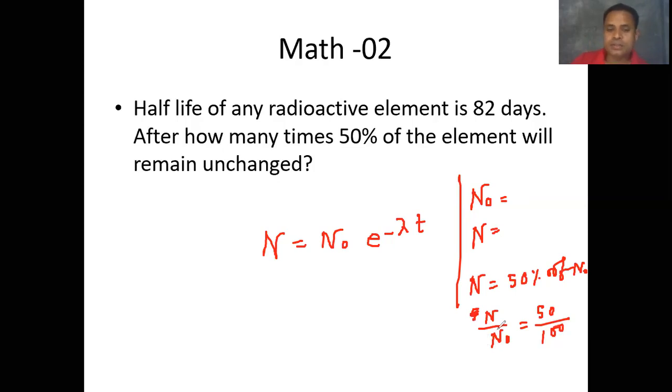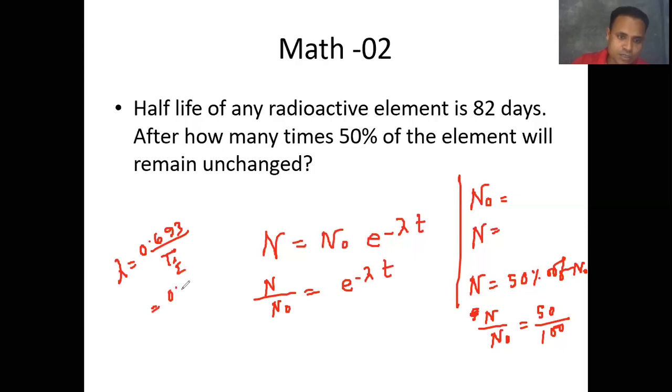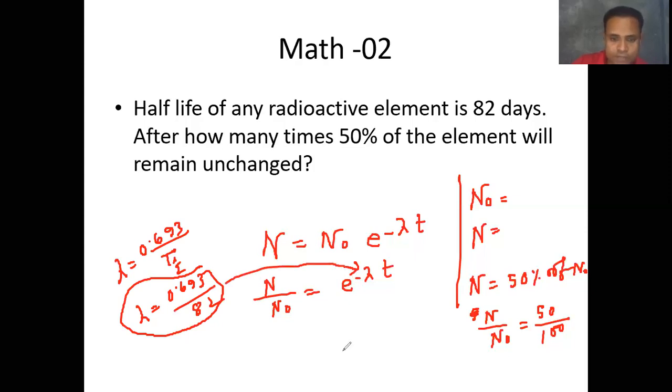Also N by N naught equals e to the power minus lambda t. Here lambda equals 0.693 divided by T half, that is 0.693 divided by 82 days. If you input this lambda and this value here, you will get the value of t.